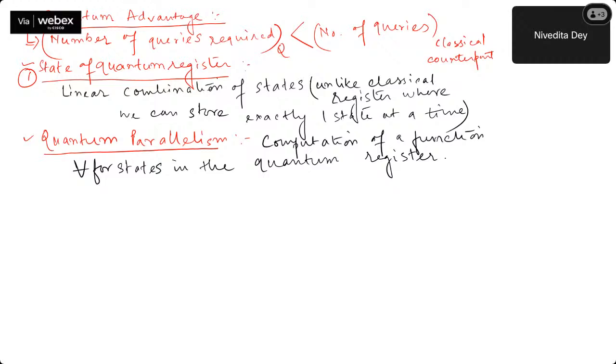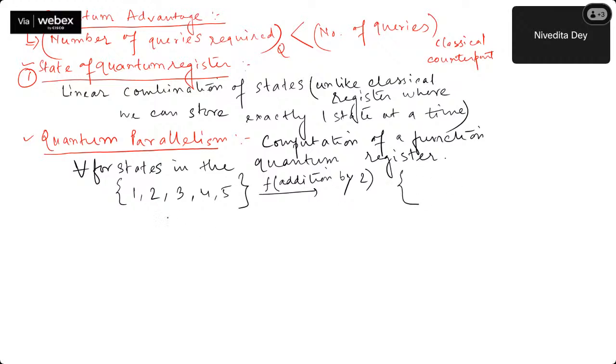So if it is a classical operation, say for example, I have 1, 2, 3, 4. It is not the way you encode in quantum, but just for an example, say the function is the addition function, maybe addition by 2.